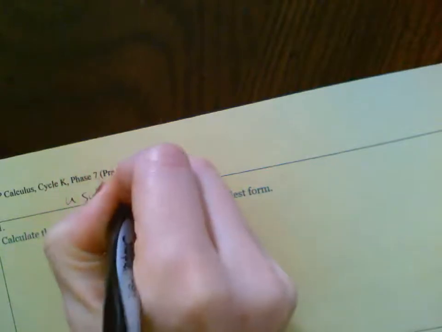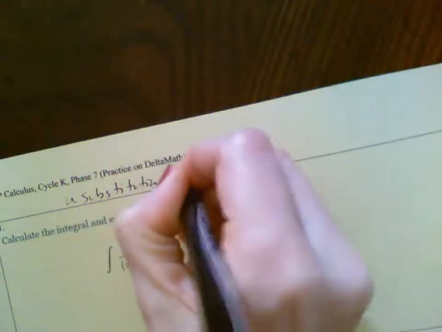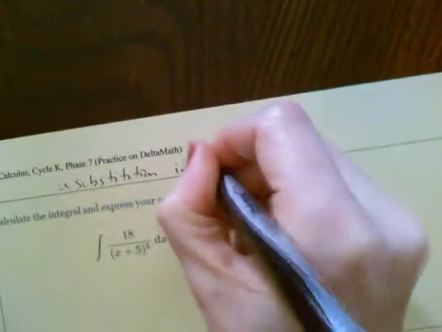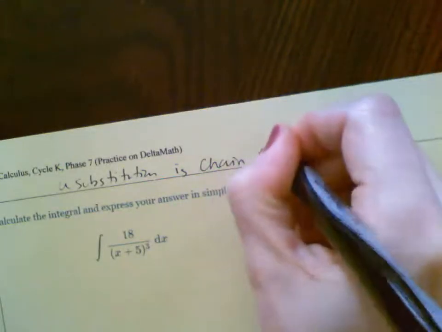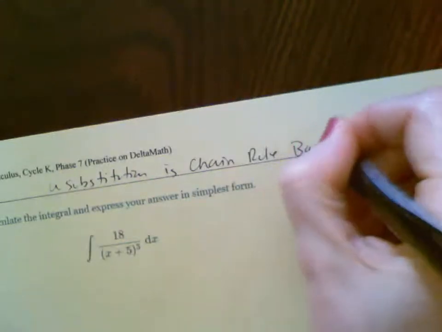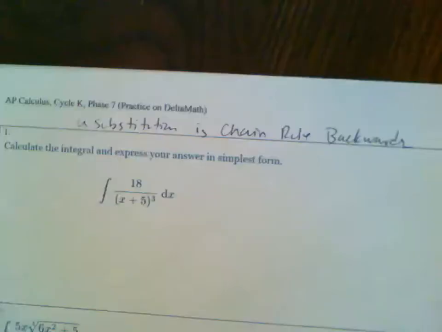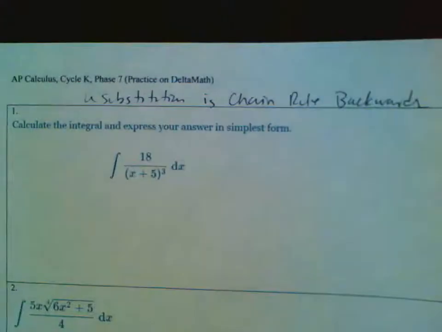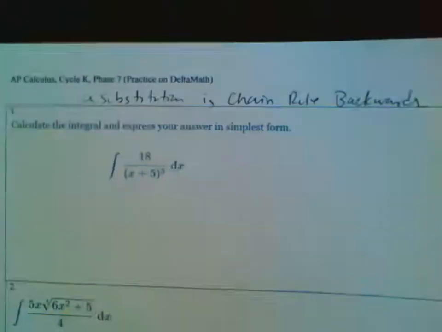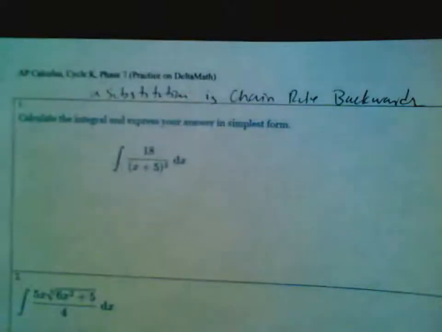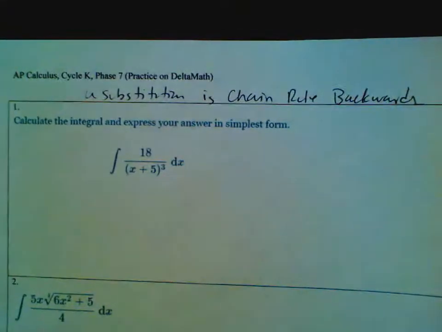So U substitution is chain rule backwards. Now U substitution can be used in other contexts as well, but usually when we're using it in AP Calc, it's basically chain rule backwards.